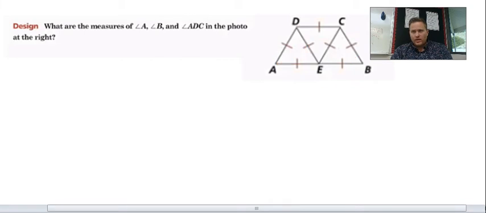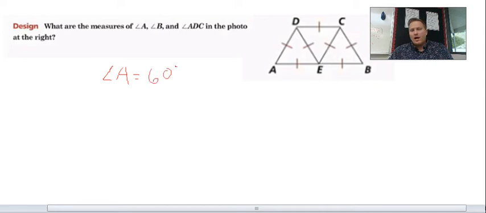So, if I clear this off, I know that my angle A right there, this angle right here, my equilateral triangle has equal angles, which means that each angle is going to be 60 degrees. So I have, let's write it one more time, angle A is going to be 60 degrees.